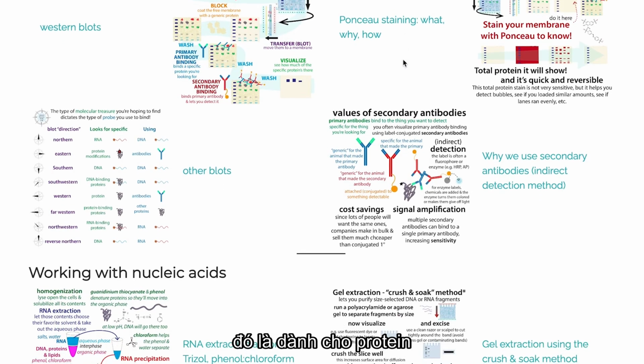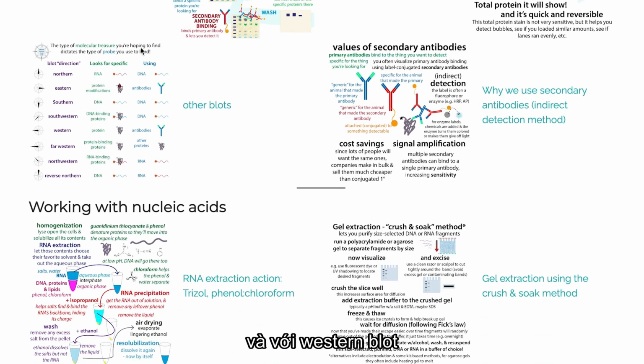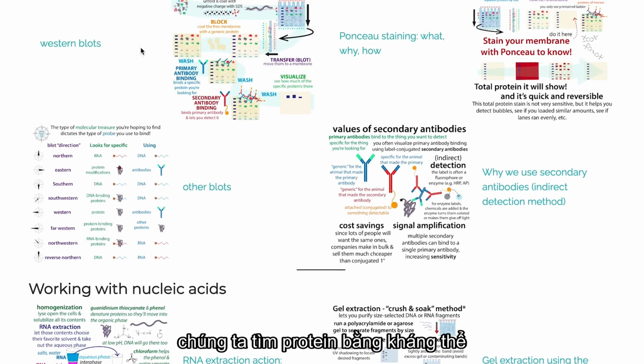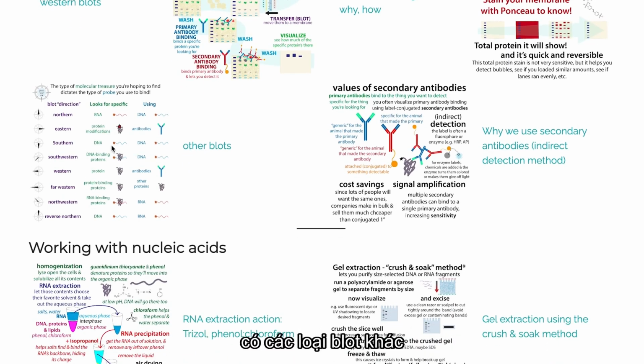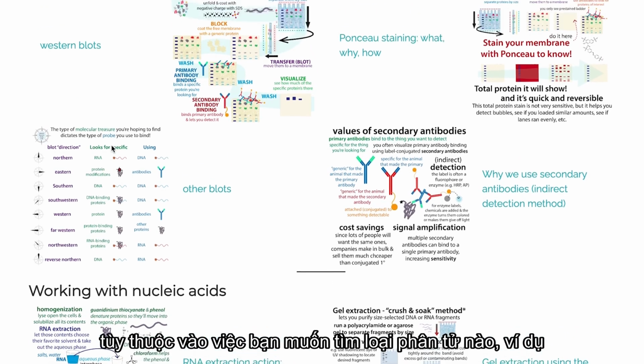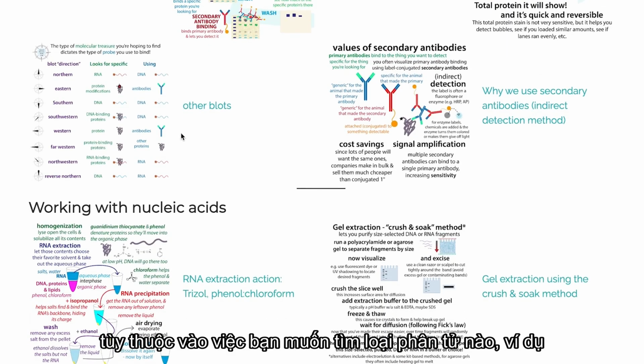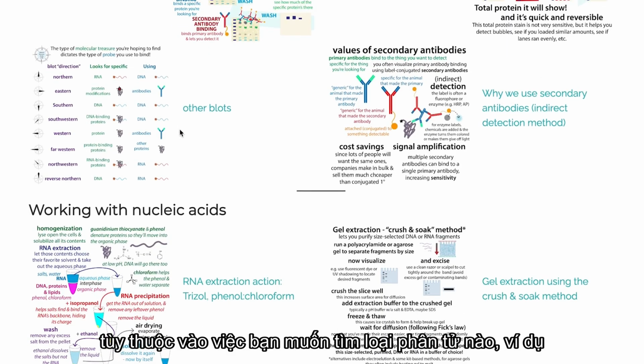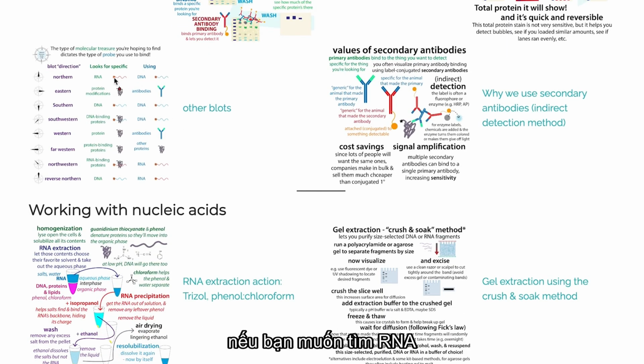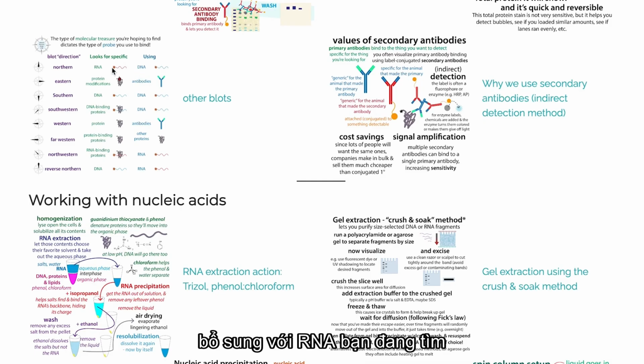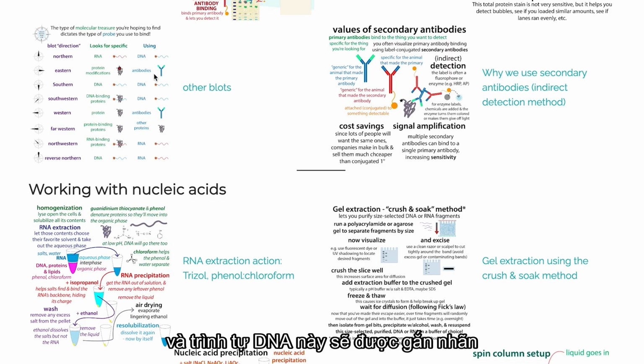That was for the proteins, so with the Western blot, we're looking for proteins using antibodies. There are other types of blots depending on what other molecules you want to look for. For example, if you want to look for RNA, you can use a northern blot, which is going to use DNA that has a sequence complementary to the RNA you're looking for, and that DNA sequence is going to be labeled.